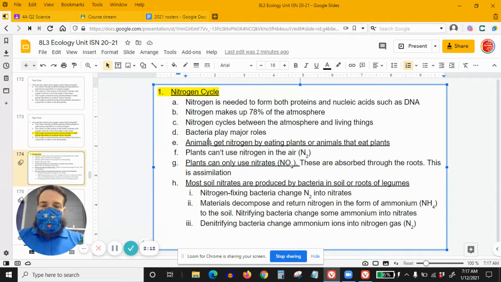Okay? So animals get their nitrogen from eating plants or other animals. Okay? Plants cannot use the nitrogen in the air. Plants can only use the nitrates that are, let's see here.